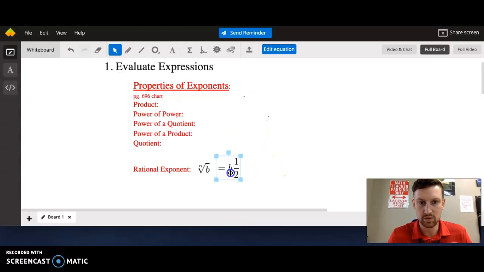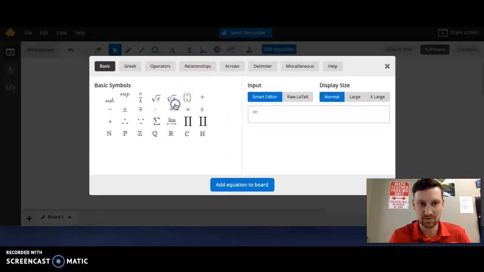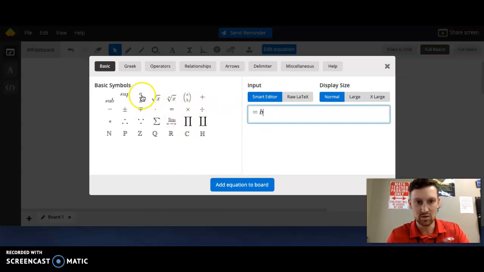In other words, the nth root of b is the same thing as, did I say 1/2? We should have said n. Let's edit this. Can we edit it? Nope. Delete. Equals b to the 1 over n power.